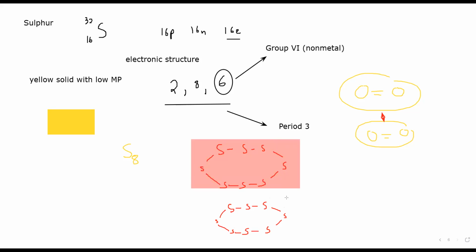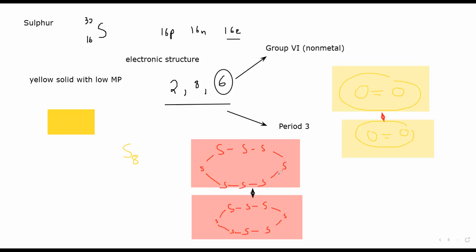Like this is a sulfur molecule, and here you have an oxygen molecule. Which one do you think will have a greater attraction between the molecules? So intermolecular forces will be stronger in sulfur.